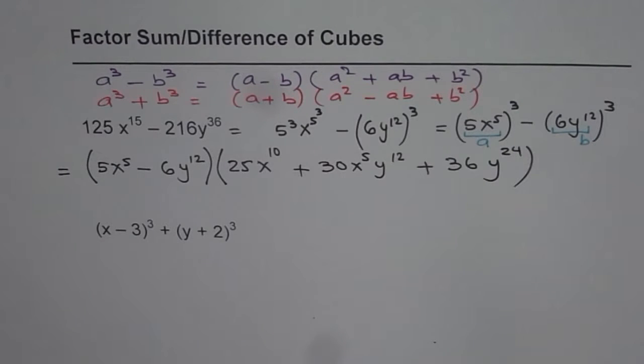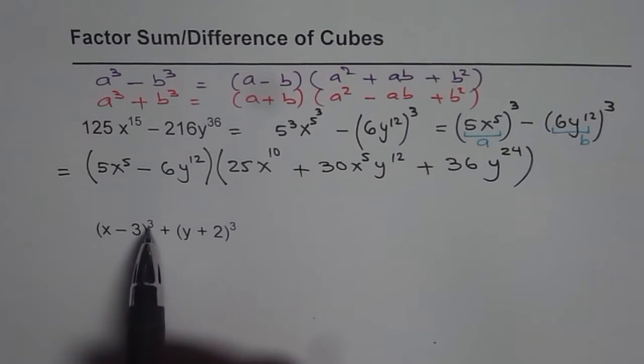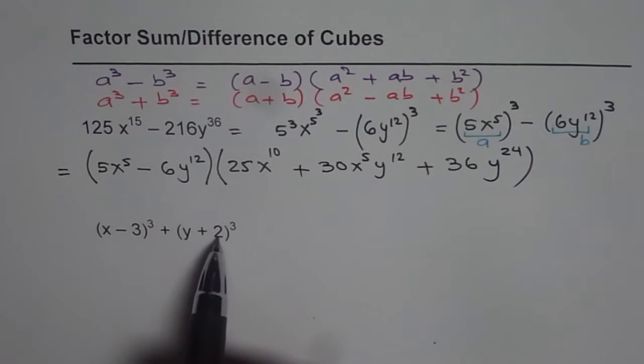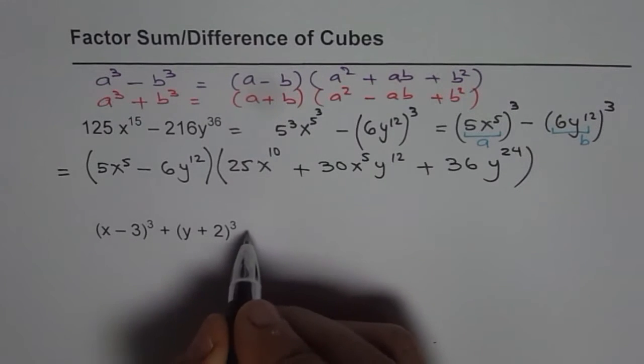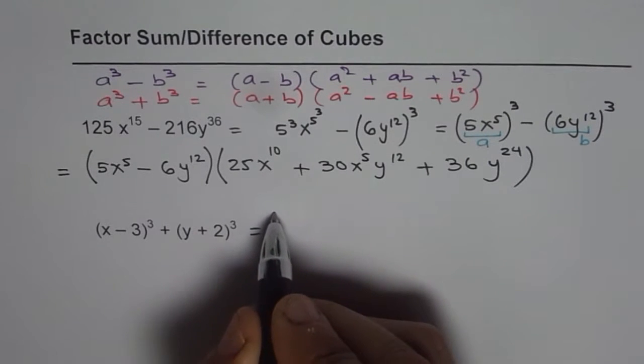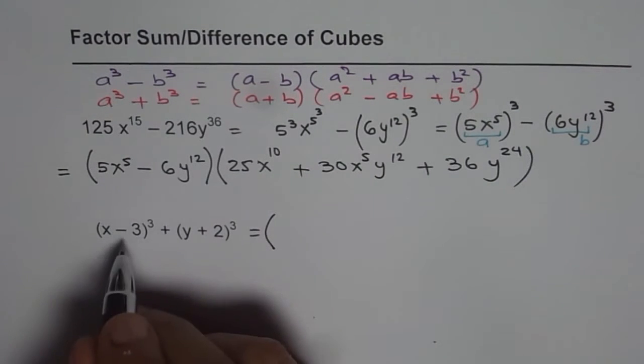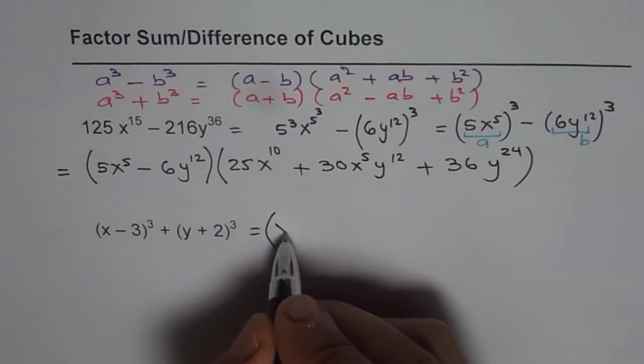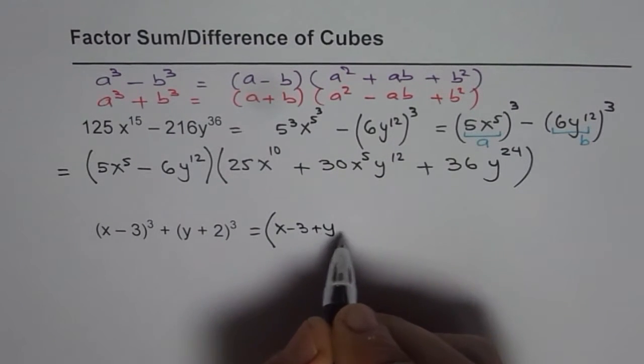Let's do the next one now, which is x minus 3 whole cubed plus y plus 2 whole cubed. It's already written as a sum of cubes. Let's apply the formula. So the first factor for us is the sum of these two, which is x minus 3 plus y plus 2.